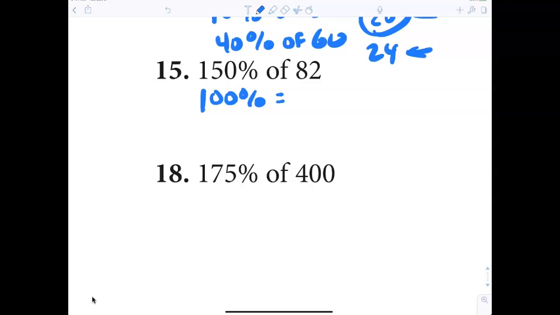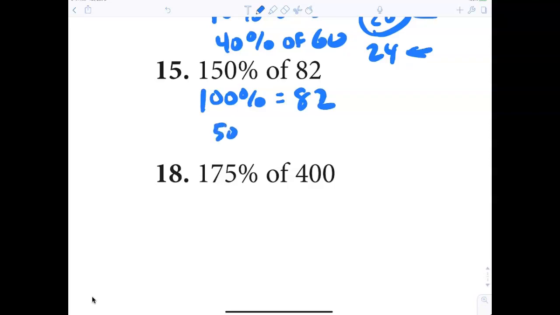What does 100% mean? All of it. If you got 100%, that means you got all of it correct. So 100% of 82 would be 82.